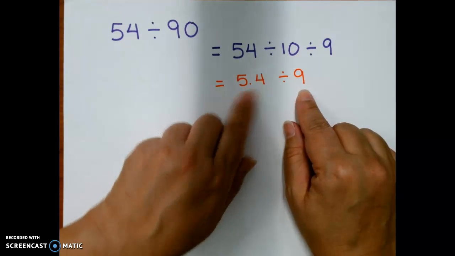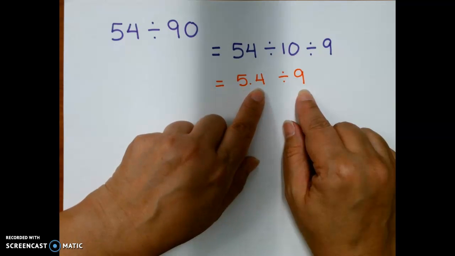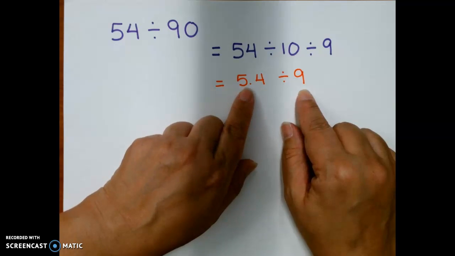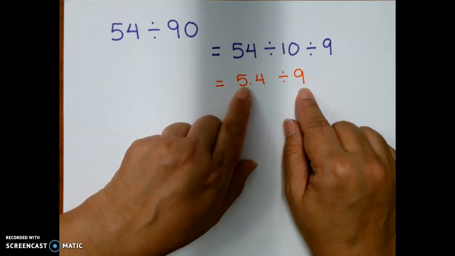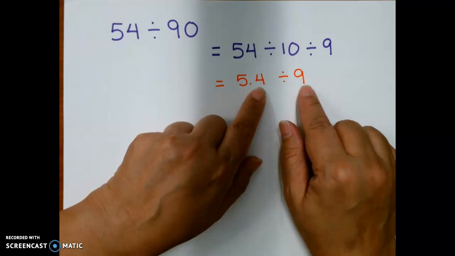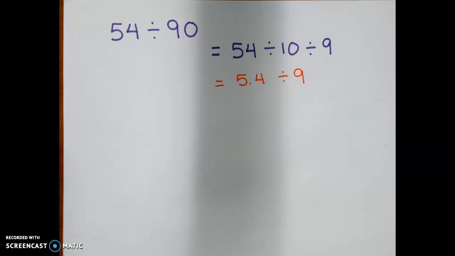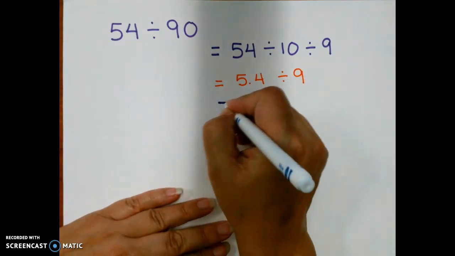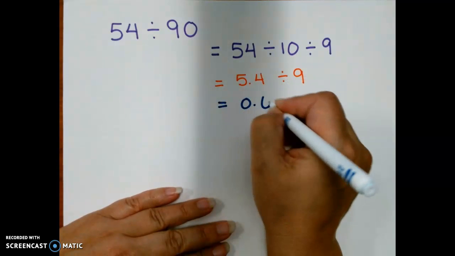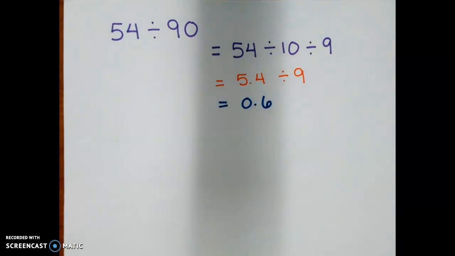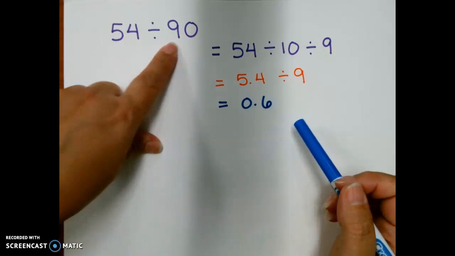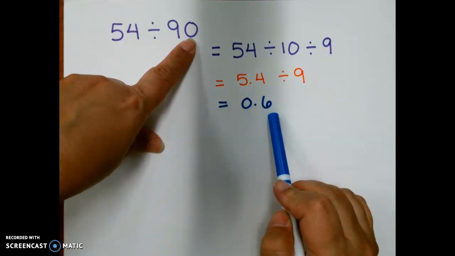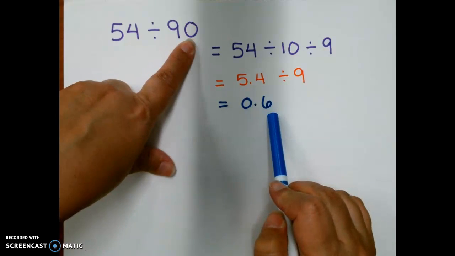Because remember, 5 4/10 is 54 tenths. So 5 4/10 divided by 9 is going to equal 6 tenths, because 6 times 9 is 54. So 54 divided by 90 equals 6 tenths.